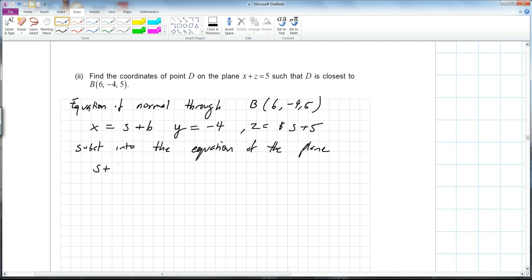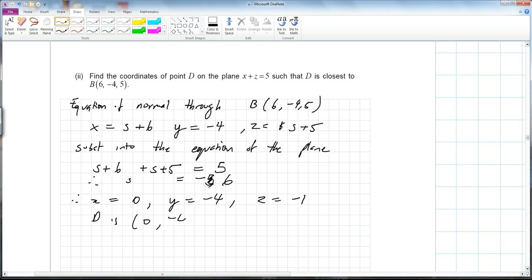So we've got s plus 6 equals 5, therefore s is equal to minus 6, therefore x is equal to 0, y is equal to minus 4, and z is equal to minus 1. So D is the point 0, minus 4, minus 1.